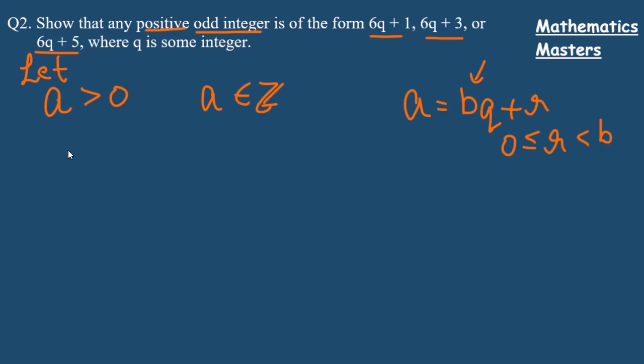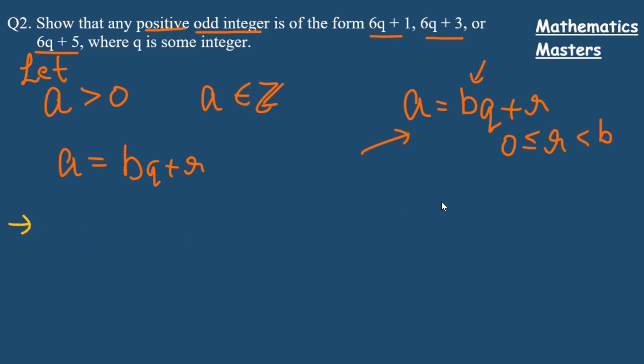Now according to Euclid division lemma, we can write a as bq plus r.